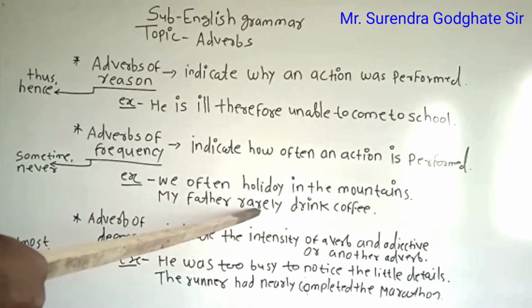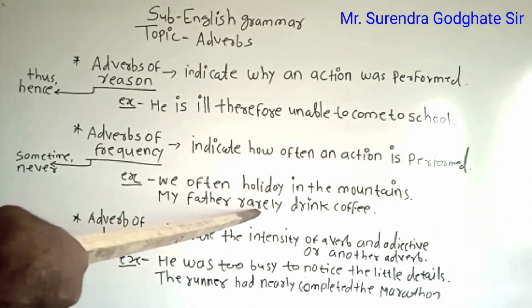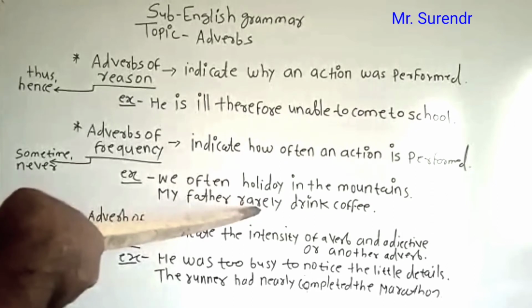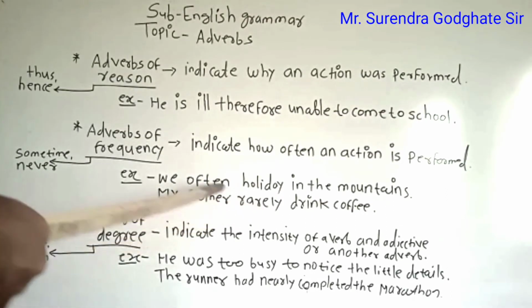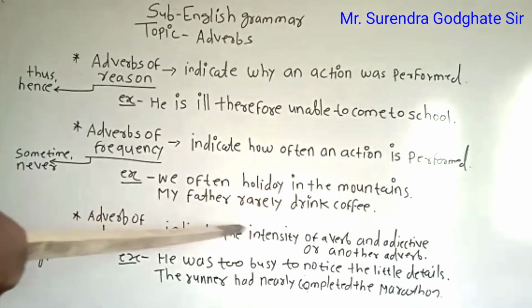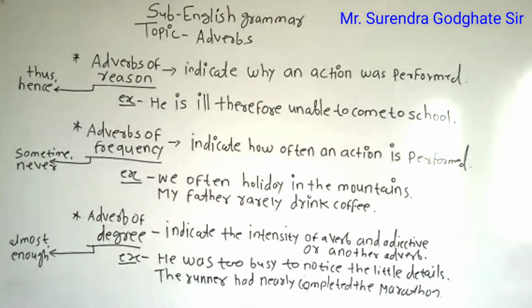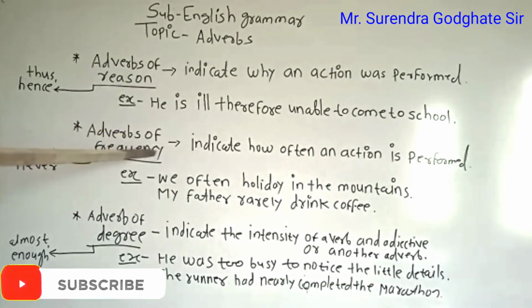It shows the action, but how many times? Rarely shows the number of times of the action. In the first sentence it is often, and in this sentence it is rarely. Then here are more examples, sometimes and never, that belong to the adverbs of frequency.